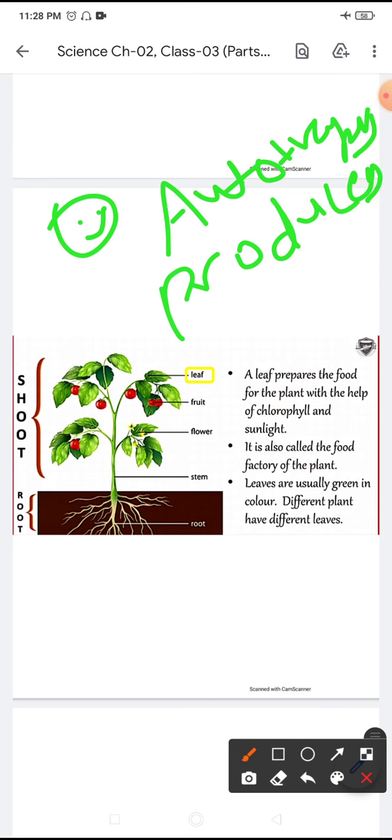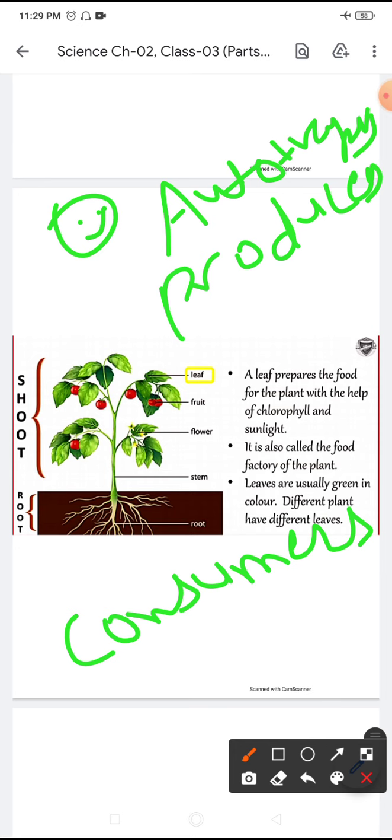And we humans are heterotrophs or consumers, because we are all dependent on these trees and plants for our need of food. So these plants are very essential for our survival on earth, for the ecological balance.